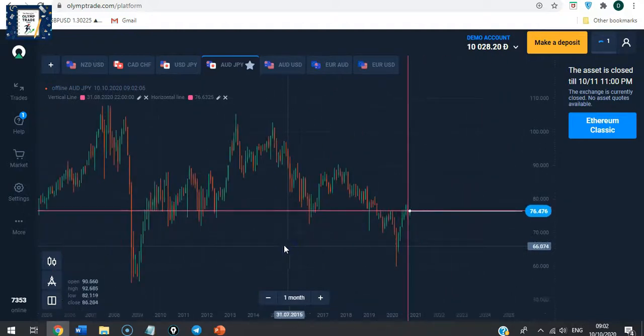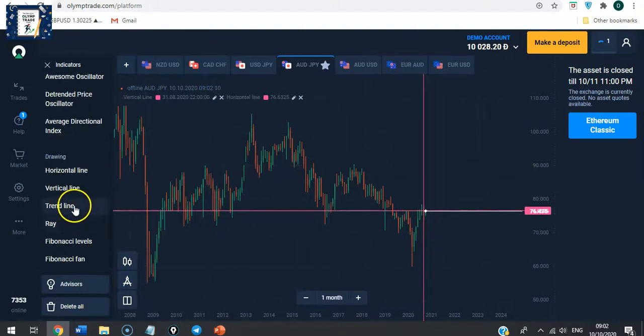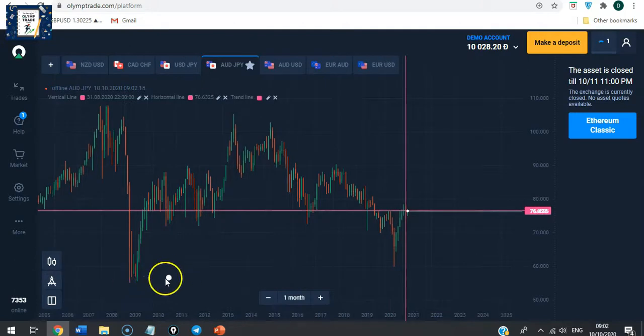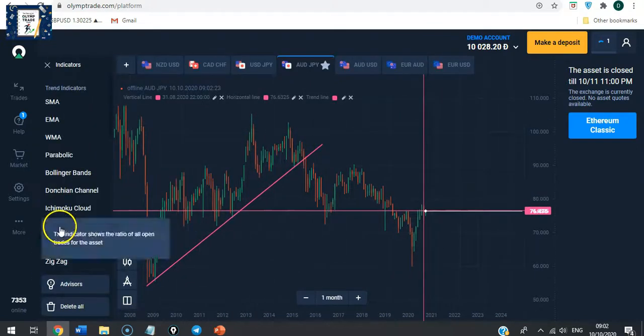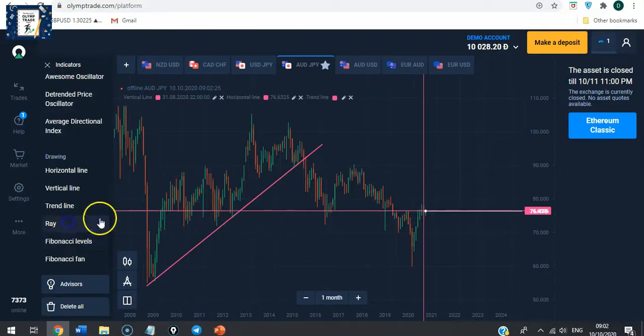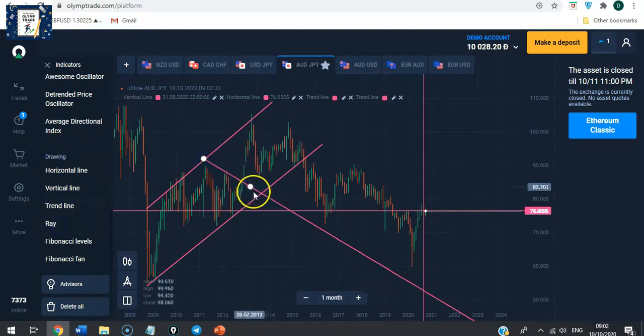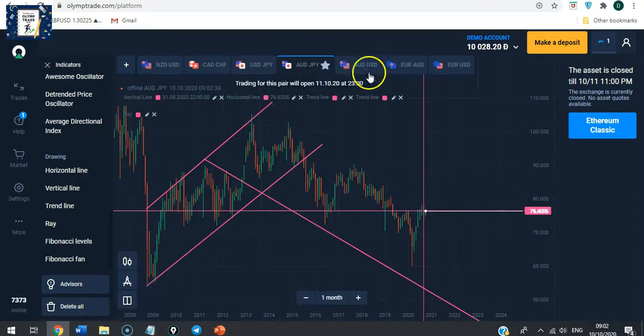So what we can see in this case is, let's go back to our indicators, and using the trend line, we will just draw the market structure in place. So we have a structure here, and you can see that. Let's just delete that one.